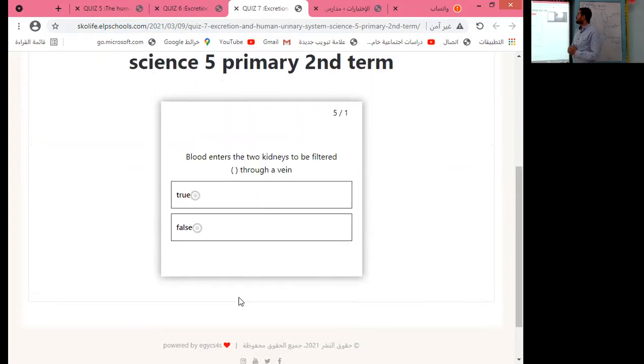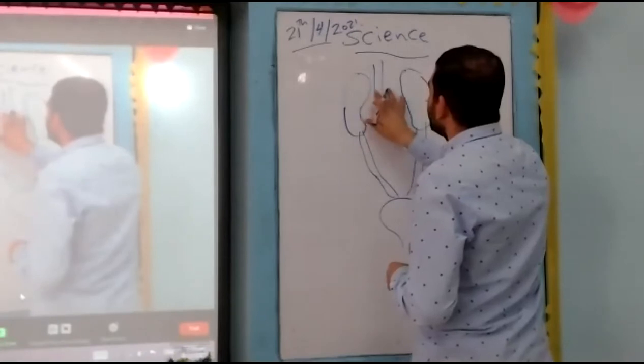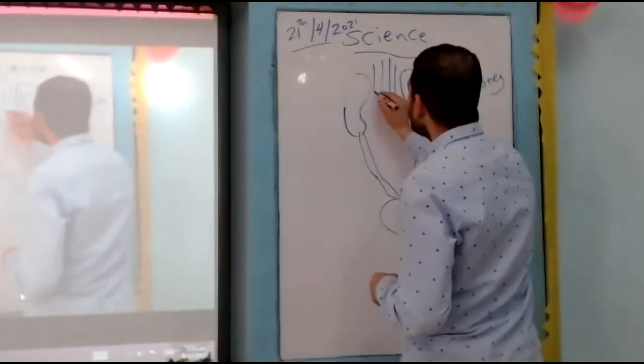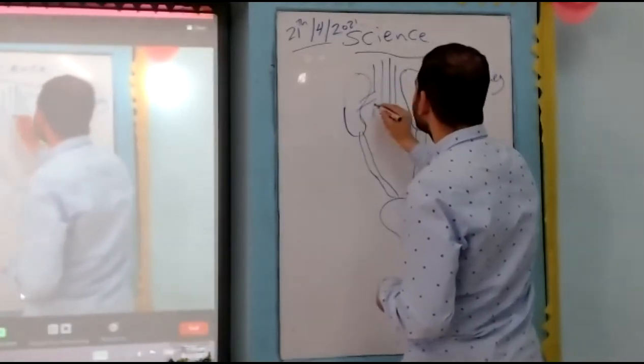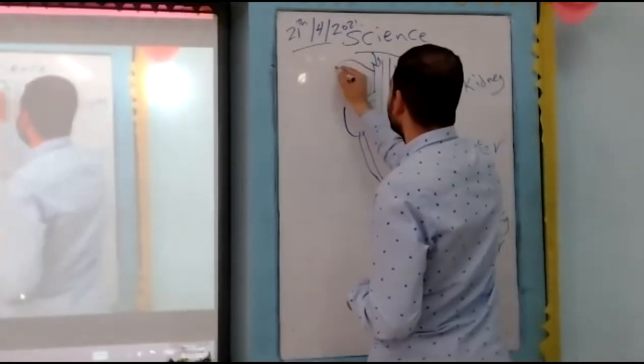Blood enters the two kidneys to be filtered through a vein. Let's stop at the board. Our blood enters the two kidneys through an artery.